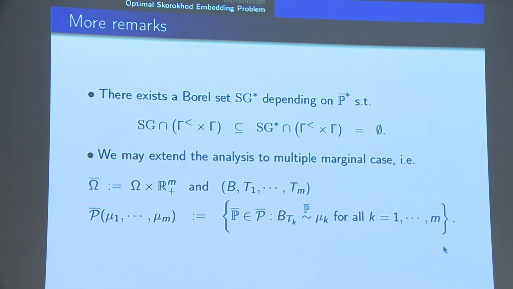And moreover, we may extend our analysis to the multiple marginal case. That's to say, with a slightly modified formulation, we may consider a multiple Skorokhod embedding problem for a vector of marginals.